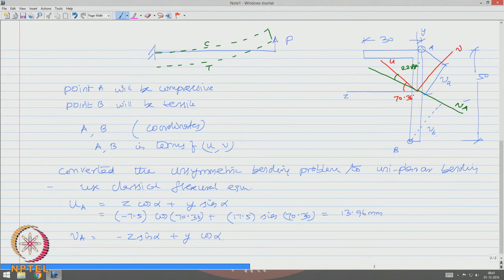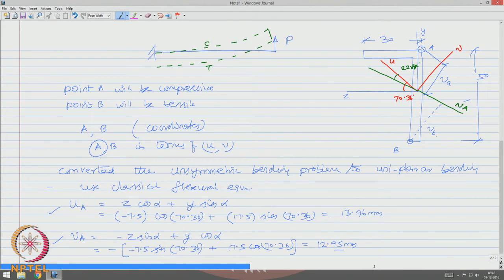V A is minus z sin alpha plus y cos alpha, which will be minus of minus 7.5 sin 70.36 plus 17.5 cos 70.36, which gives me 12.95 millimeter. So, for the point A, I got the coordinates in terms of the u and v axes.